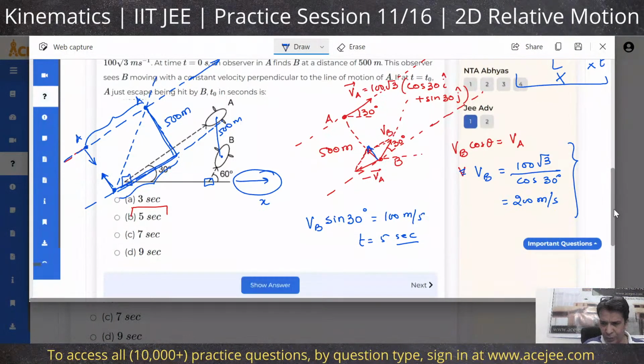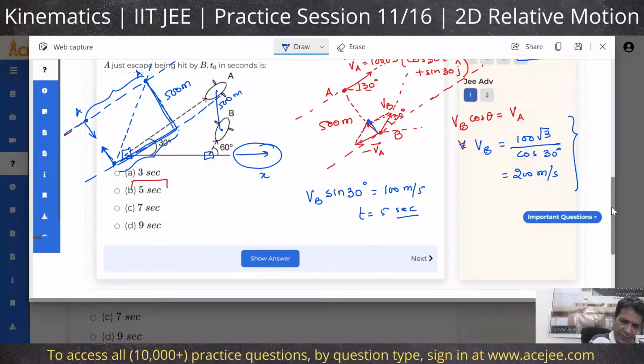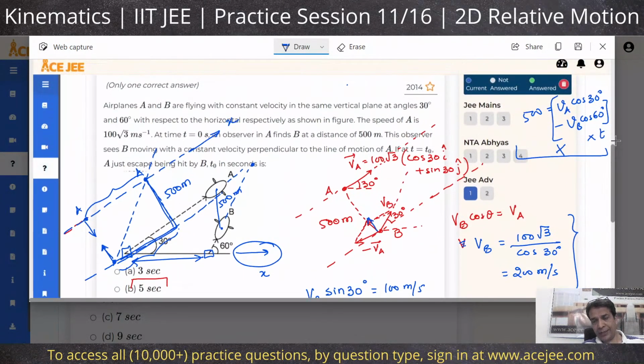So at t equals 0, Manan assumed they were here, and then he worked out that if they keep moving like this and meet somewhere at this place, then (VB cos 60 minus VA cos 30) times t must be equal to this distance, which is 500. That's what he assumed. Again, the challenge is you have two variables: you have t, and you still have to figure out what VB is.